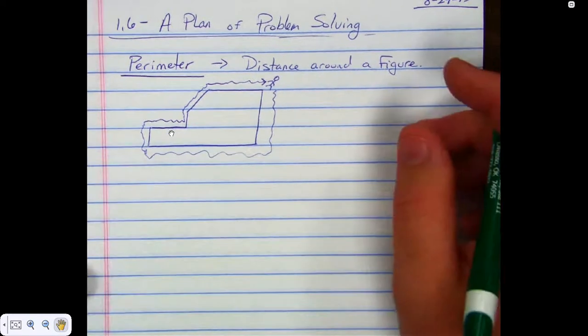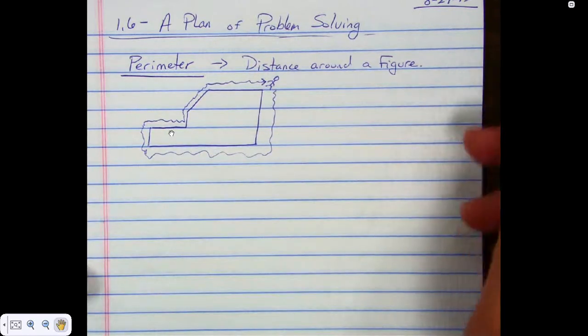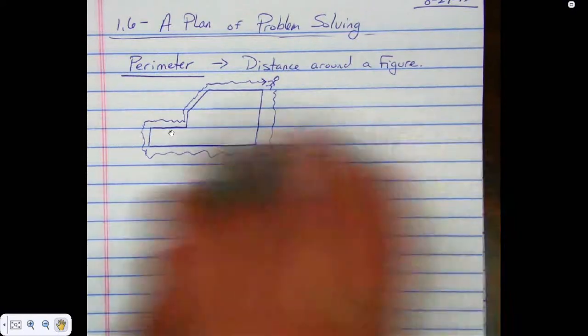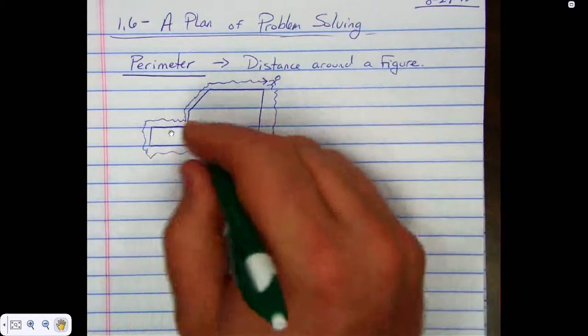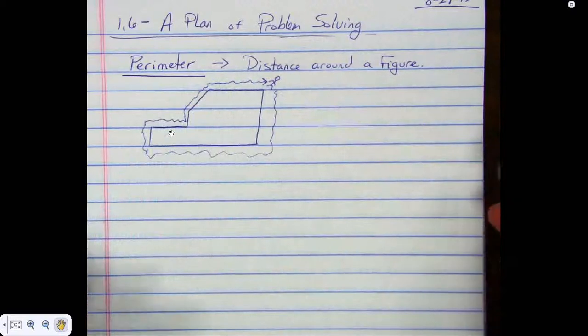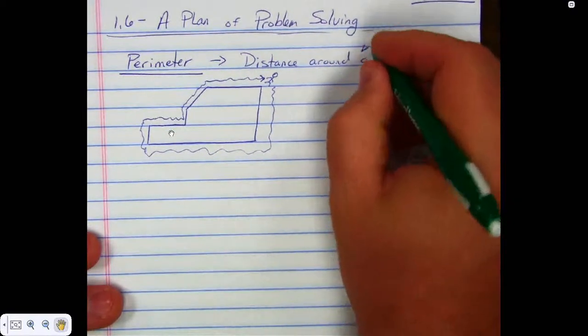That's simple. If you were to cut this up and lay it out, it ought to create a distance, how far they walked. You're turning some corners here, but when it's all said and done, it's the distance around the outside of a figure.